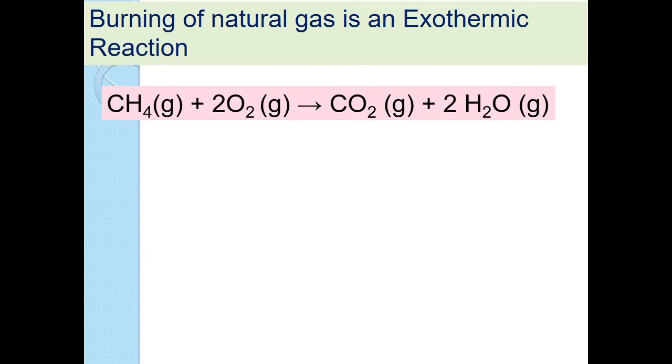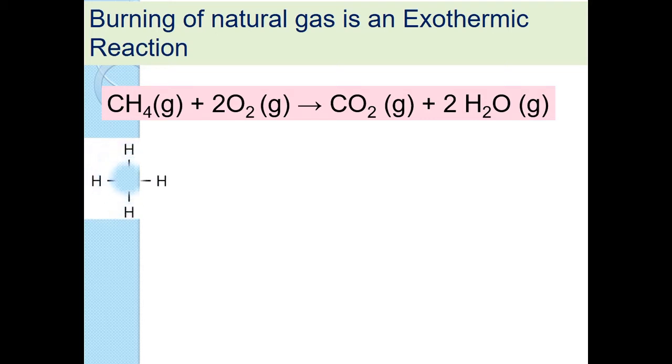To break a bond, energy is consumed, and when new bonds are formed, energy is released. When the energy released is higher than the energy consumed, the reaction will be exothermic in nature, and when the energy consumed is higher than the energy released, that reaction is going to be endothermic in nature.